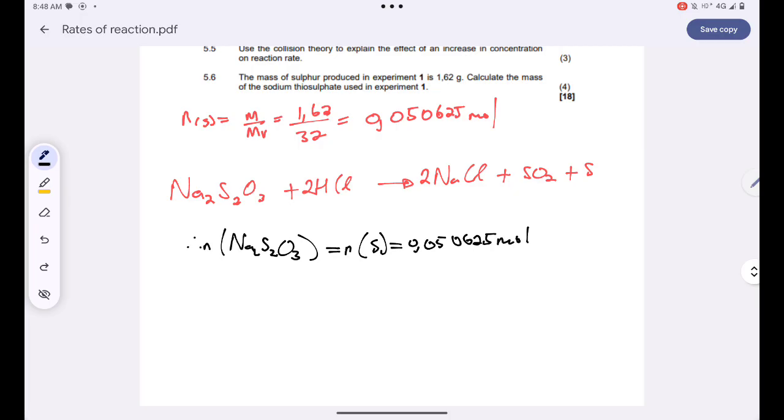Are you together? Now I do know the number of moles.